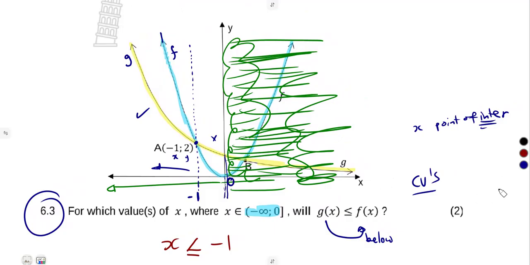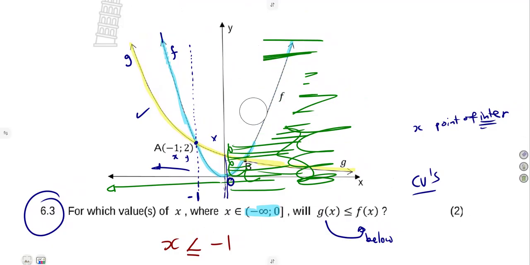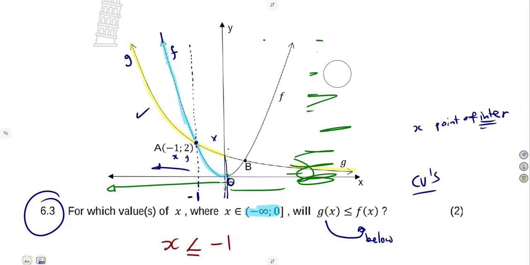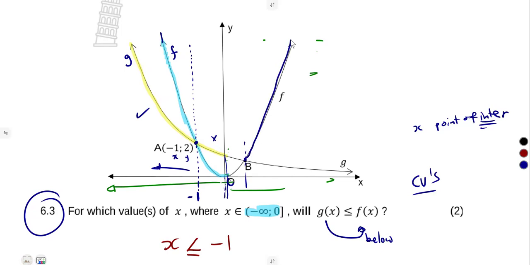If this was not there, guys, take note. If this statement here, to say x must be taken from -infinity to 0, was not there, our solutions were not going to end there, because we can see that also here, if we were to consider the left hand side, at B, we can see that f is on top and g is below, which is also the region that we want.